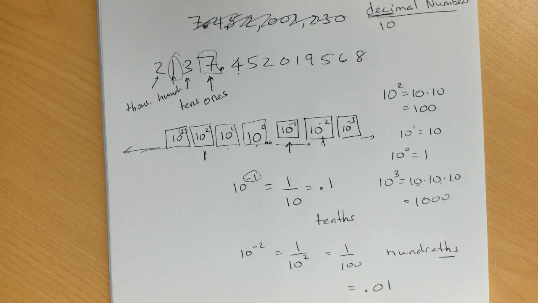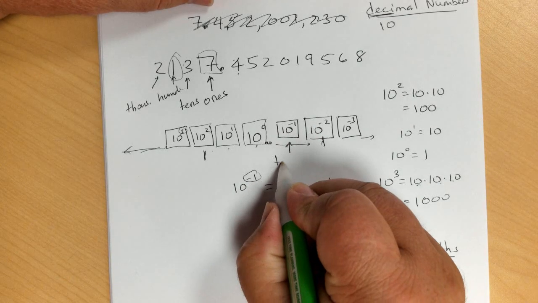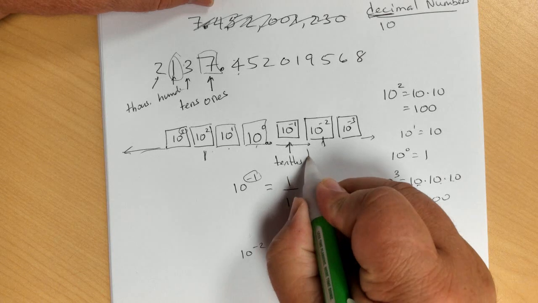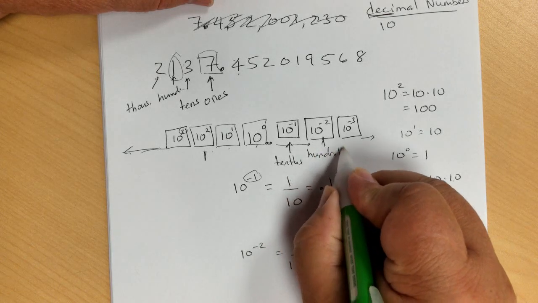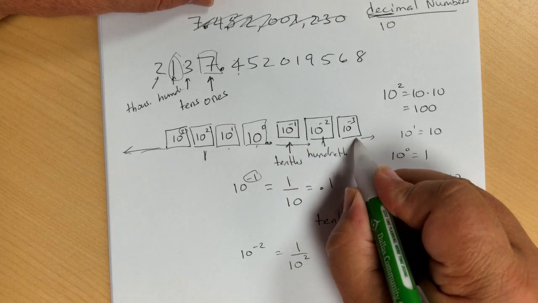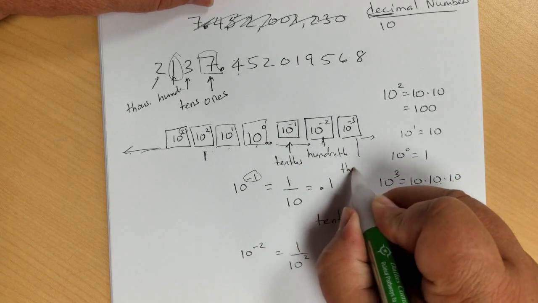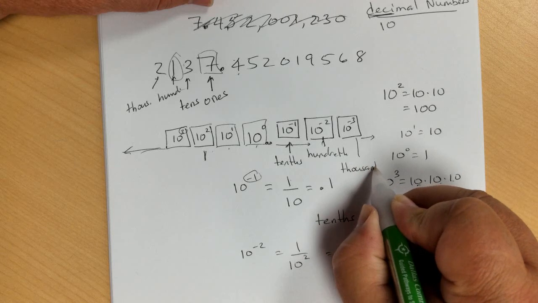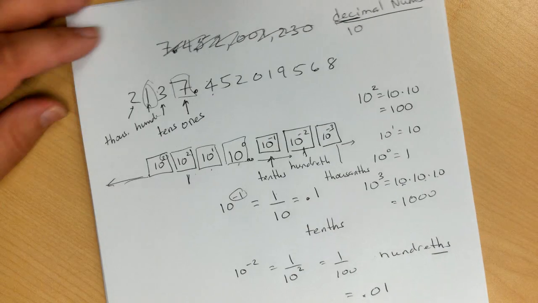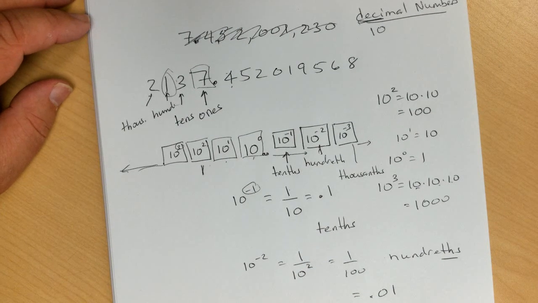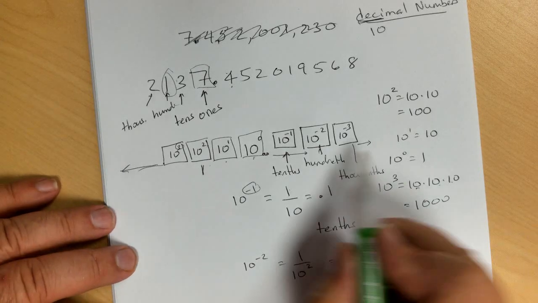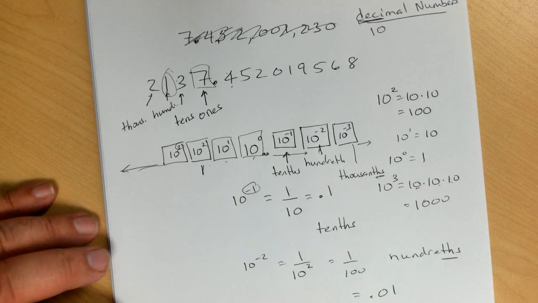This is the tenths, hundredths. What do you think the next one's going to be? Thousandths. Then 10 thousandths, 100 thousandths, millionths. Everything to the right ends in THS.